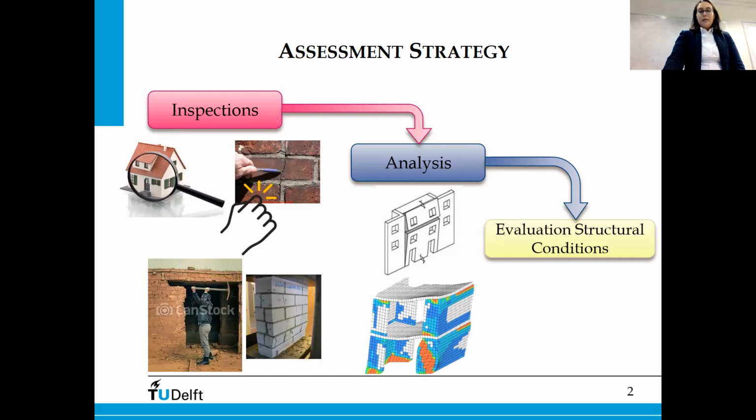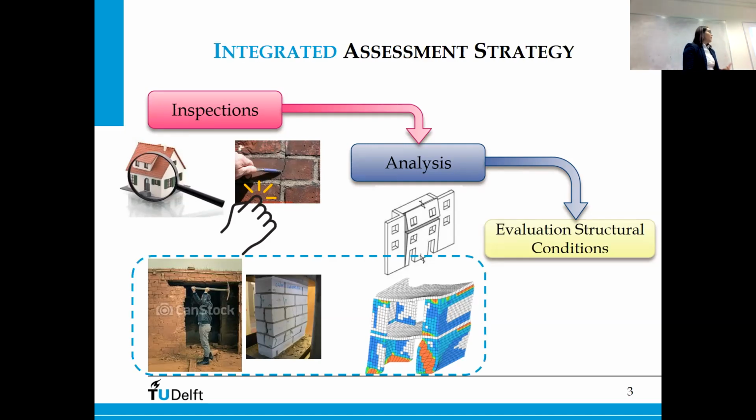So what I would like to try to have is that we can still integrate sophisticated models with testing that are destructive or minor destructive, to always have this integration between analysis method and inspection, such that we know actually which material our building is made of.